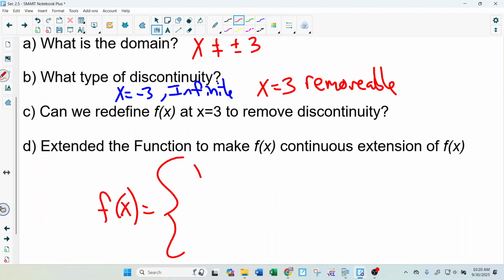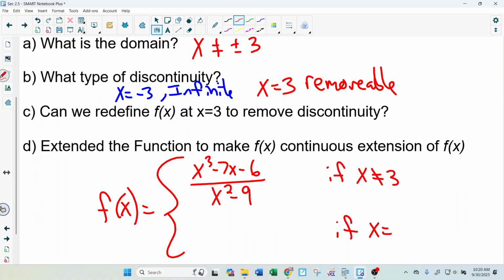It is x cubed minus 7x minus 6 over x squared minus 9 if x does not equal 3. If x equals 3, this is 10/3. Now, write that down and then we'll figure out what did we just do?